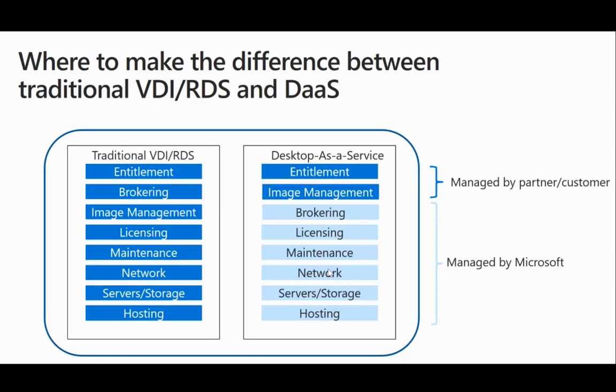We as a partner or as a customer need to only manage the entitlement and the image management. So the access to the services and the image management of a golden image. In the coming slides, we will learn more about what the architecture currently looks like, so we will deep dive into that.